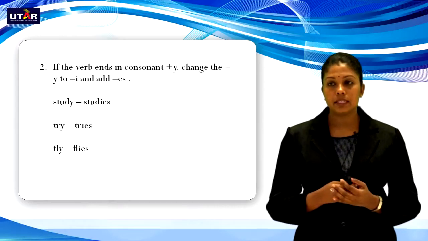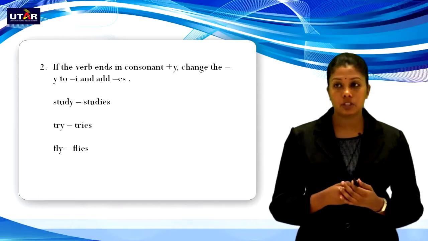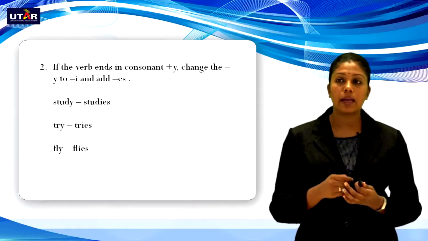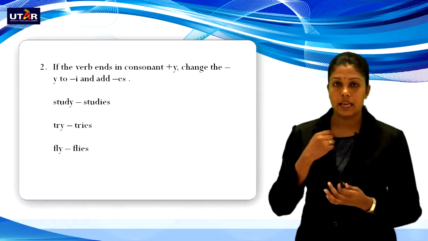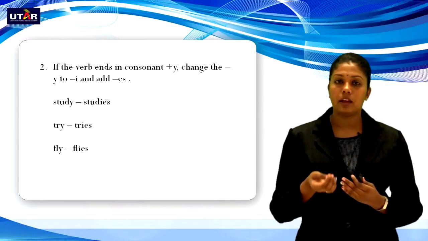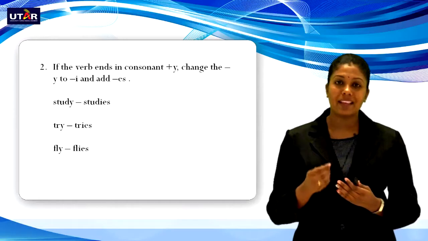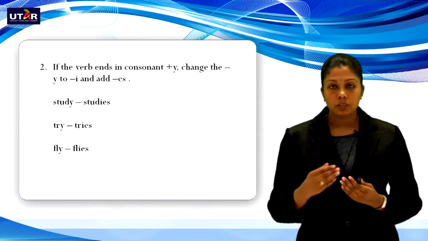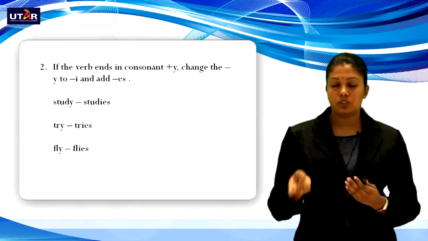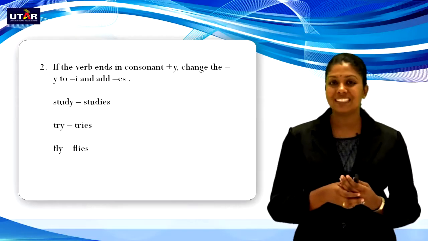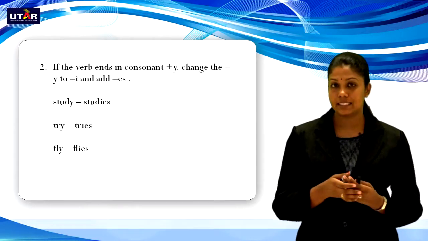The second rule is, if the verb ends in consonant plus Y, change the Y to I and add ES. So we have study, S-T-U-D-Y. If you see before the letter Y, there is the consonant D. So what we should do to change this to singular is, you add S-T-U-D-I-E-S, studies.